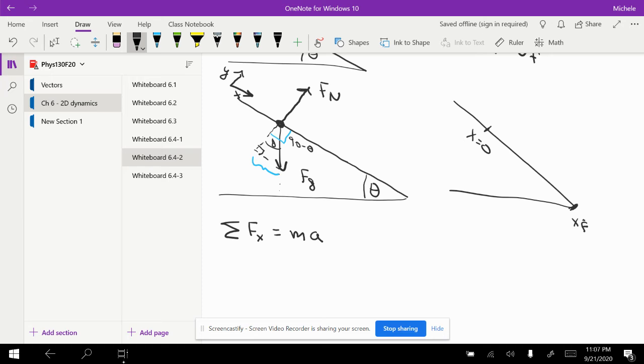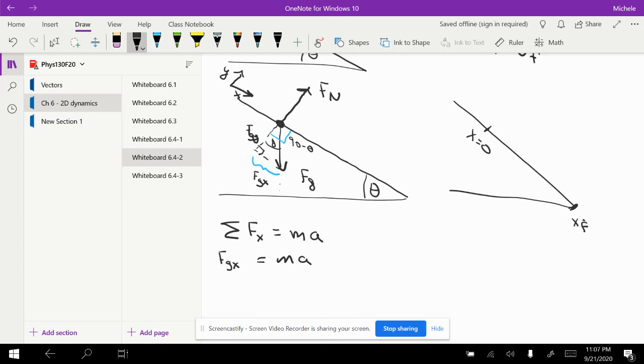This is opposite the angle, so that means I'm going to have sine. This is my FGX, and this is going to be my FGY. The forces in the x direction are equal to ma.